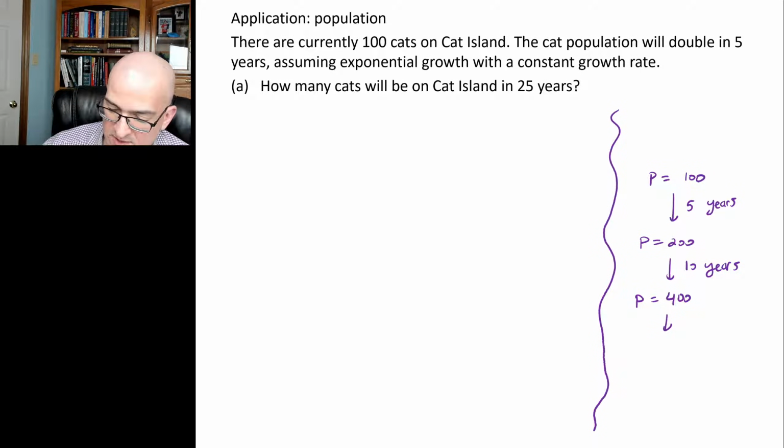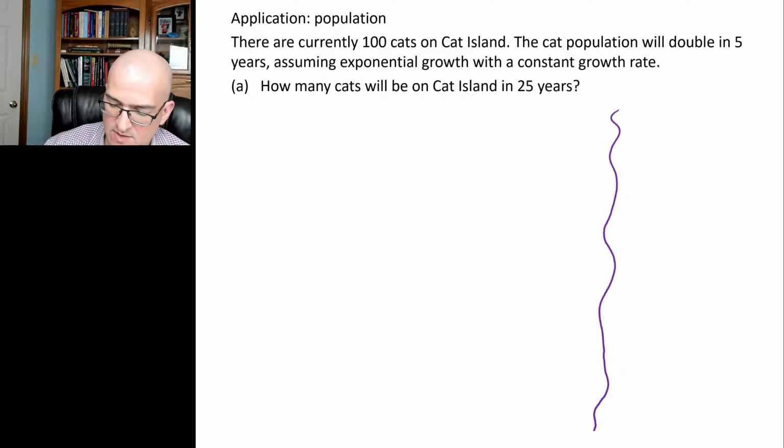And when we start running out of space, let me write it a little bit more compactly. P is equal to 100. Or I'll do a table, maybe.